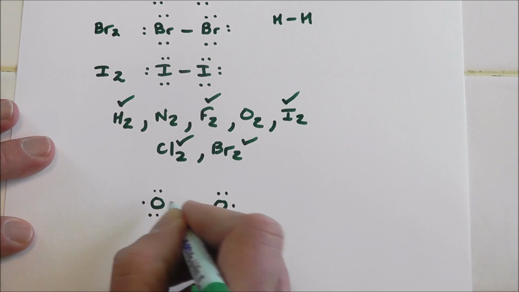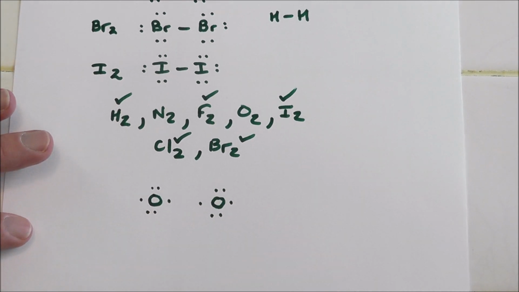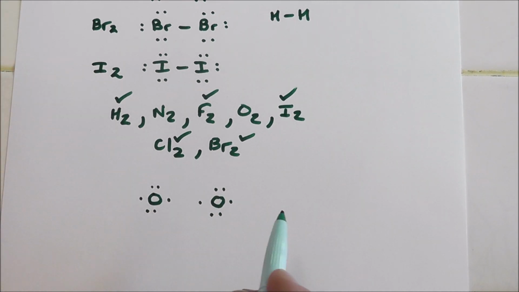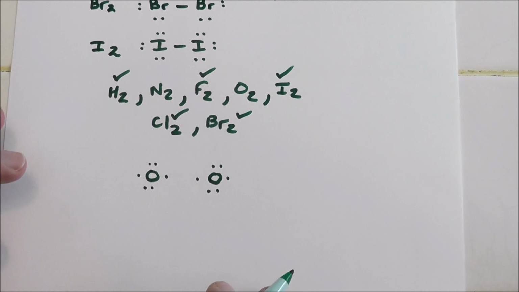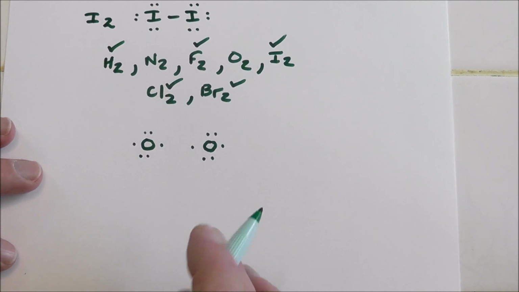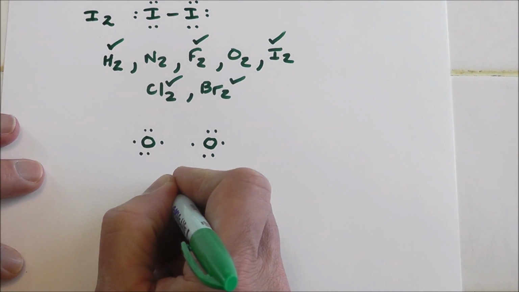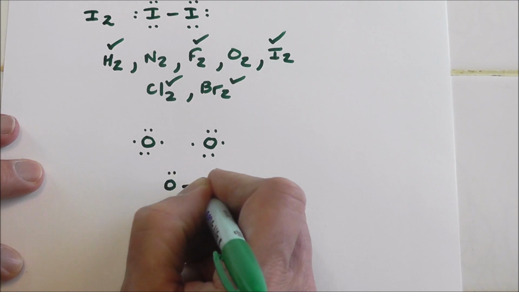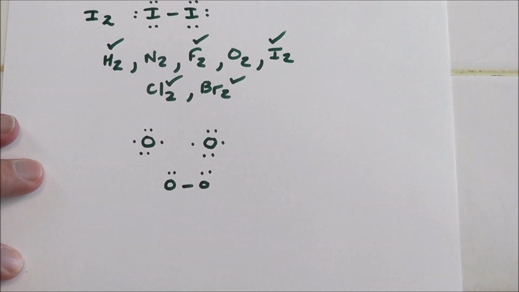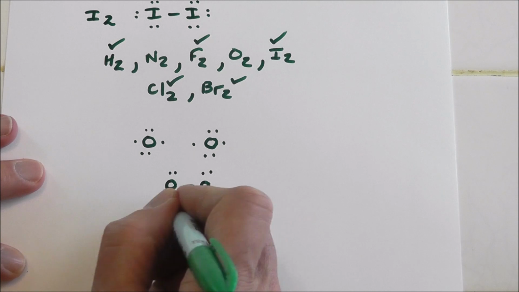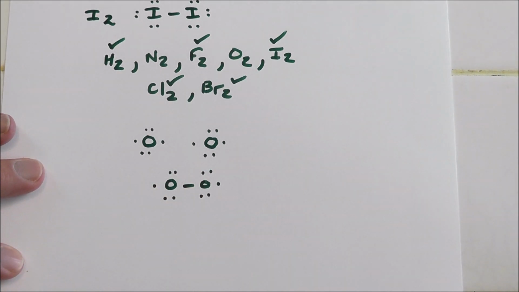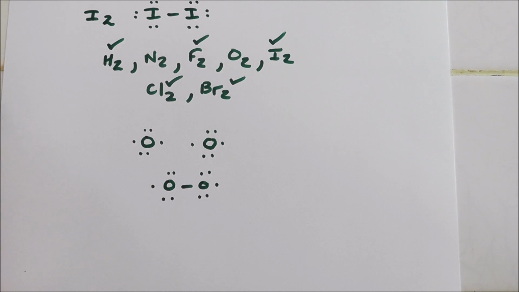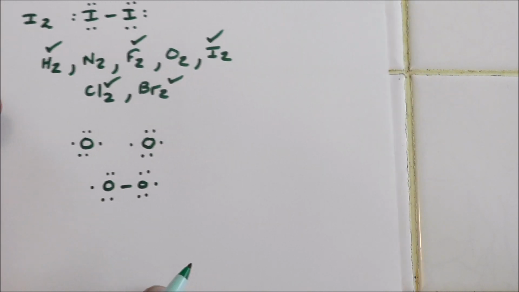So we're going to add up the valence electrons: 6 each, so 12, and then you make the minimum number of bonds for it to stay together. If I made 1 bond, it would not have enough electrons. It doesn't have its 8. So guess what happens? They have to share more.